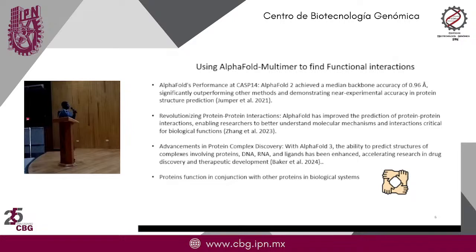What was found was that AlphaFold performed very, very well, and it demonstrated near experimental accuracy in protein structure prediction. Since then it has revolutionized the way we approach molecular analysis of protein folding in silico.